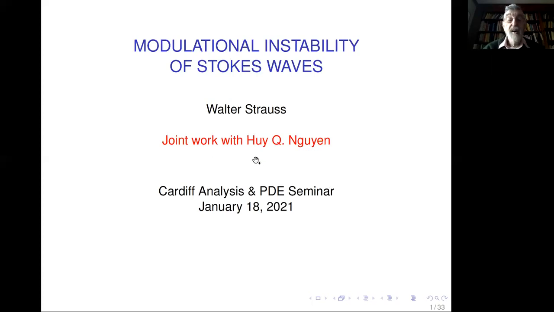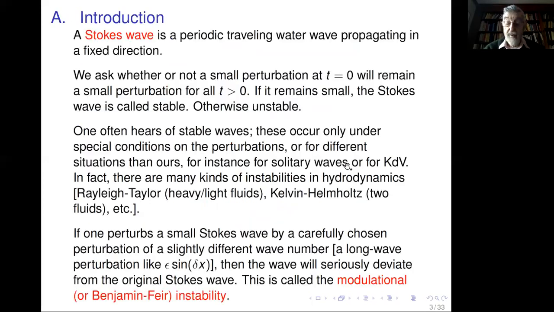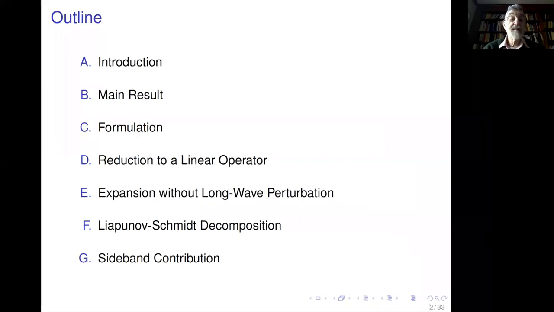Okay, so here's an outline. Mostly I'm going to talk about the background of this problem, and I'll state the main result, and then it has to be formulated appropriately. Then I'm going to prove instability, and so I'm going to prove linear instability.